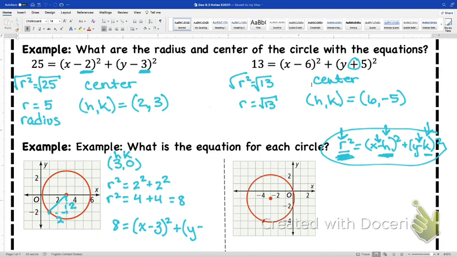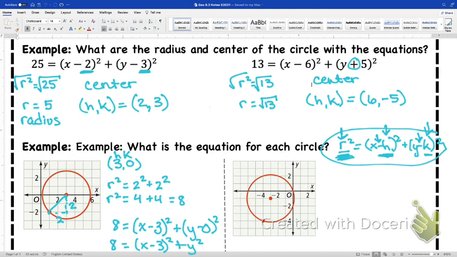Would it matter which one? Put minus because that's what the equation is, but I'm going to rewrite it as 8 equals x minus 3 squared plus y squared. Because I don't need to put the minus 0 there, do I? No.